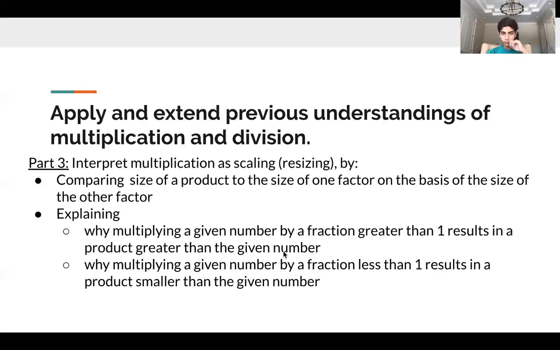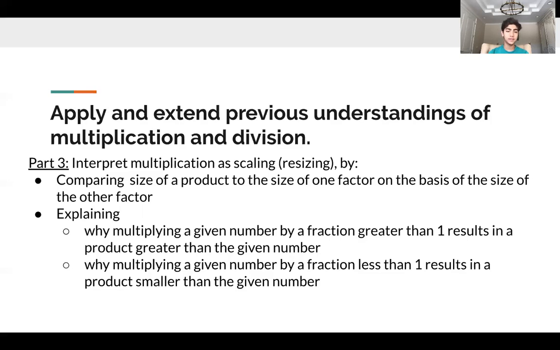Now, final part for this idea of applying and extending your understandings of multiplication and division. They want you to interpret multiplication as scaling by doing one of two things. First of all, you can compare the size of a product to the size of one factor on the basis of the size of the other factor.